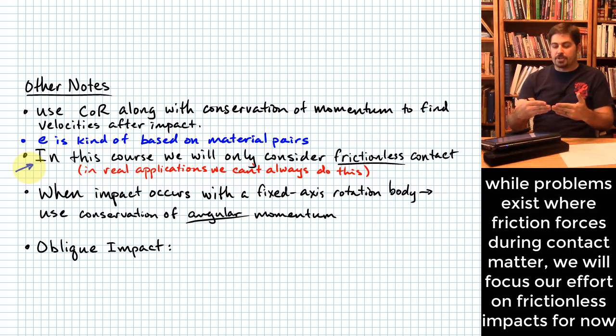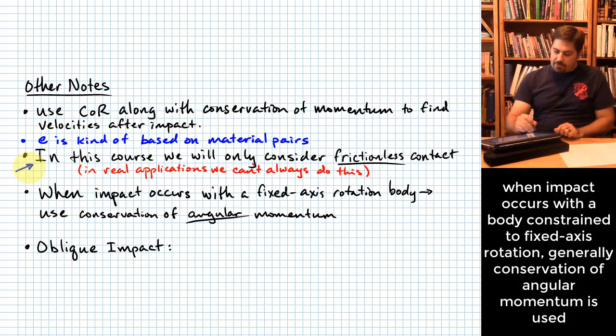If you have friction at that point of contact, it can really complicate these problems significantly. So for the purpose of this course, we're going to limit to frictionless contact between two bodies. Basically what that means is there will be no force transfer in a tangential direction at the point where two bodies meet each other. Okay?